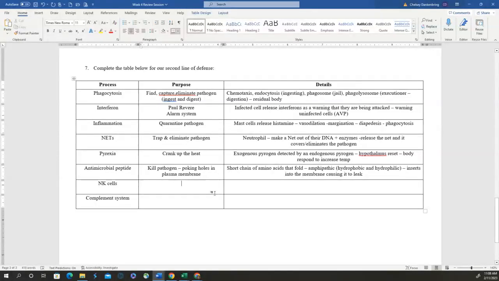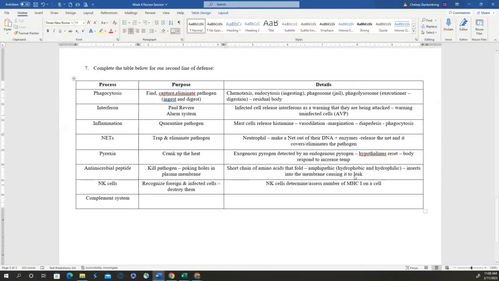The natural killer cells, that's what NK stands for. This is going to recognize foreign and infected cells and then ultimately destroy them. Okay, so this is where the NK cells are going to determine or assess the number of MHC1 on a cell.